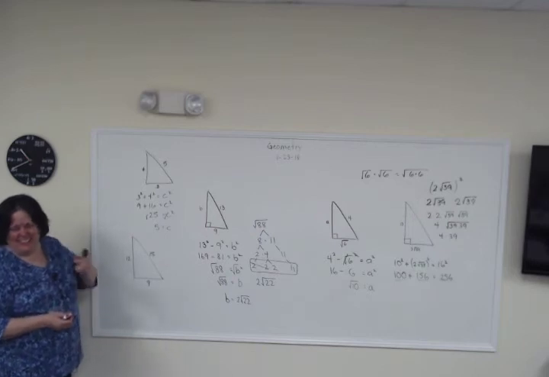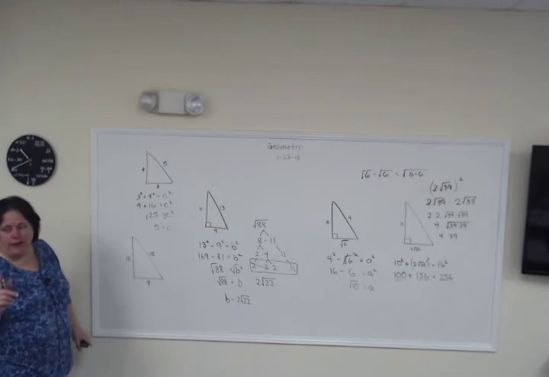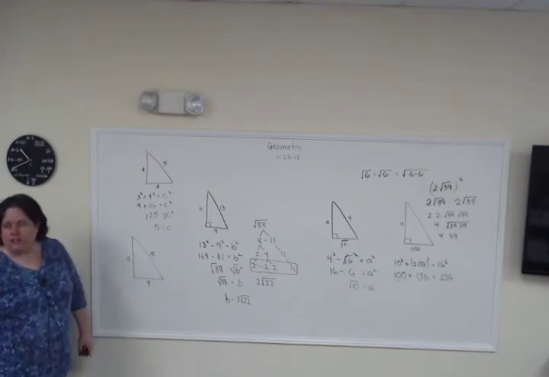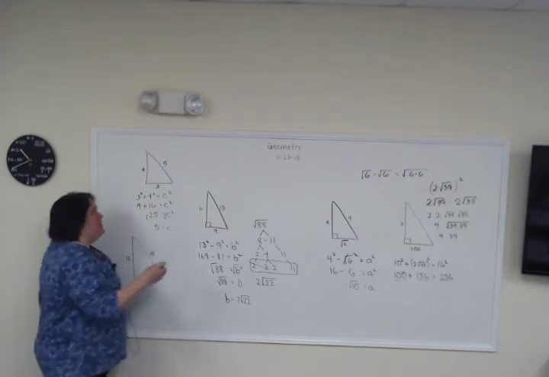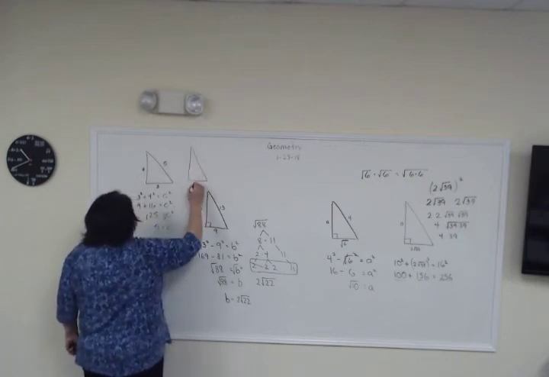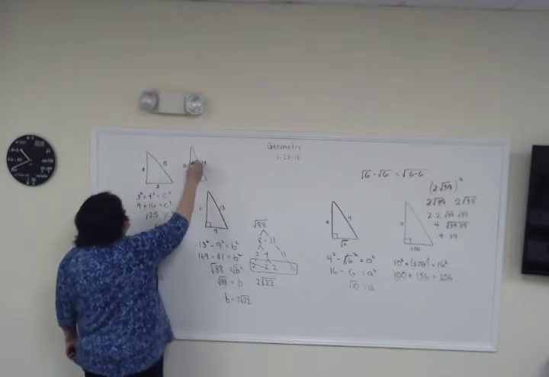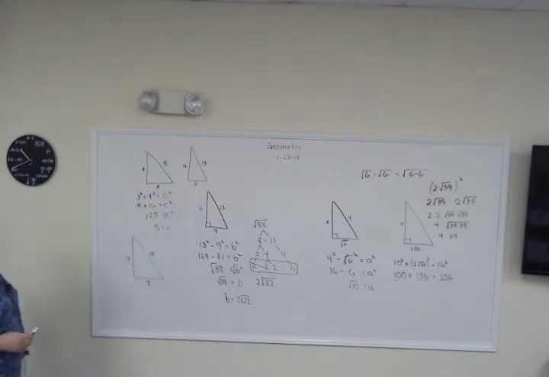Now, the 2 that you need to memorize for the ACT are the 3, 4, 5 and the 5, 12, 13, because 5 squared plus 12 squared equals 13 squared. These are the two that you have to memorize for the ACT.